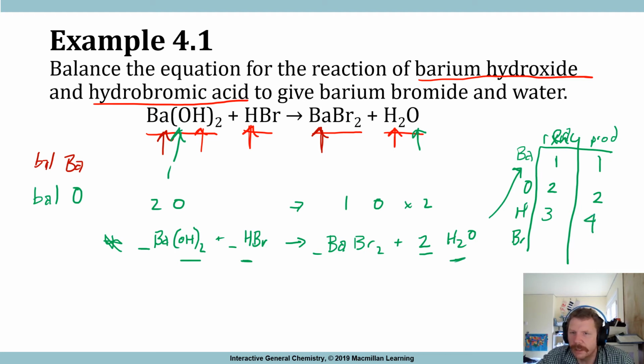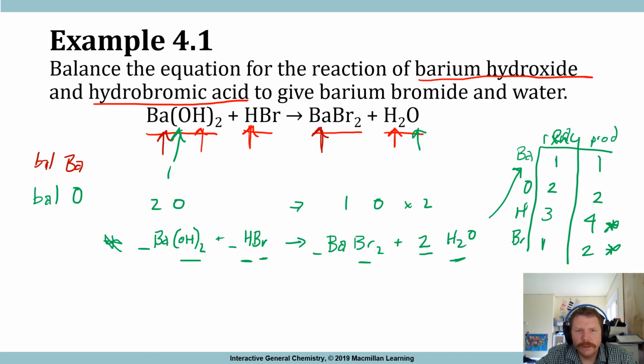I'm going to put a little star by that. I'm going to have to balance that. Then I've got my bromine. I've got 1 Br here, and 2 Br here. So I've got 1 on my reactant side, 2 on my product side. So that's another thing I'm going to have to balance. Do you see how I balanced one thing, and now I checked it? That's the guess and check method.